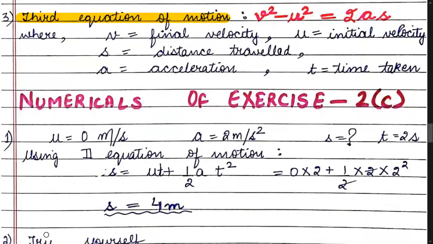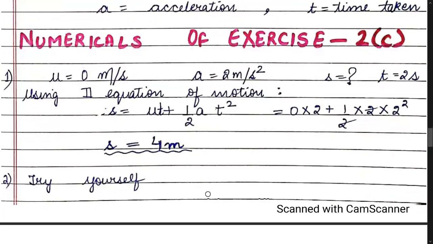So children, after this, you can do numerical number 1 of your 2C exercise, in which the body was at rest, moving with acceleration 2 meters per second square. You have to find the distance traveled by the object in a time of 2 seconds.